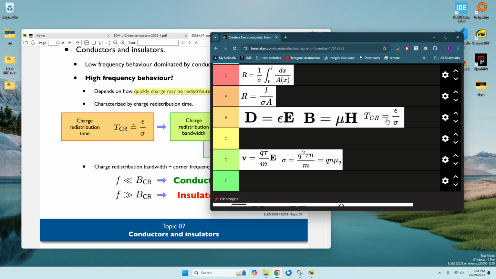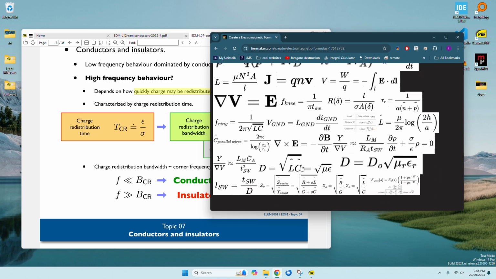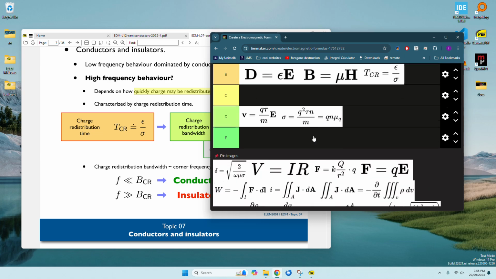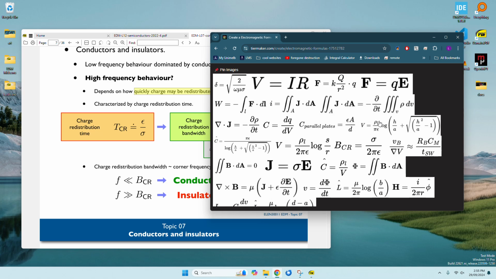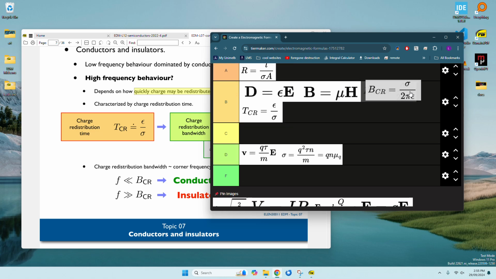It's all related to magnetic fields and the conductivity, which is electric fields. And its companion is BCR, which is here it is. You can see this is in hertz because it's got the over 2 pi.